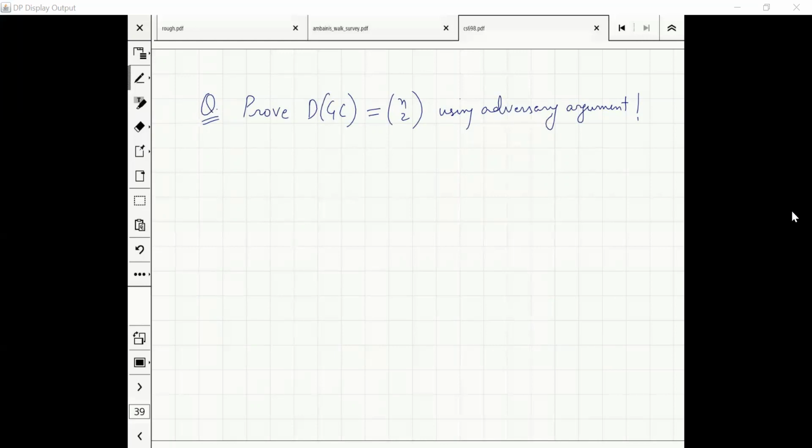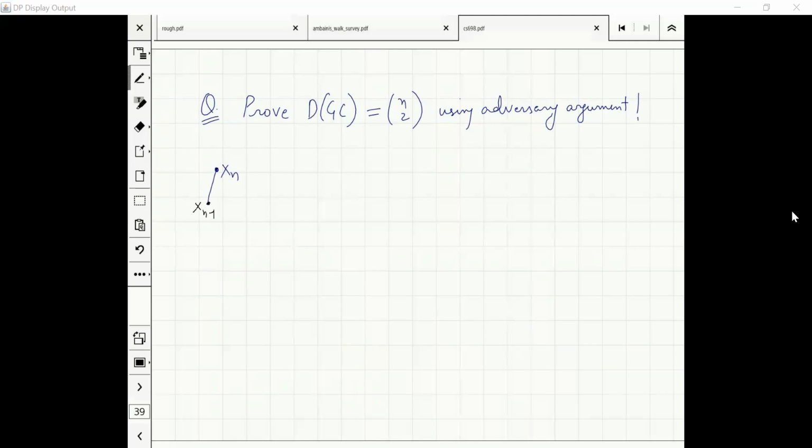So take the nth vertex, or the last vertex. Let's say in the ordering of n choose 2, the last edge represented the edge between the nth vertex and some other vertex, let's say the n minus 1th vertex.